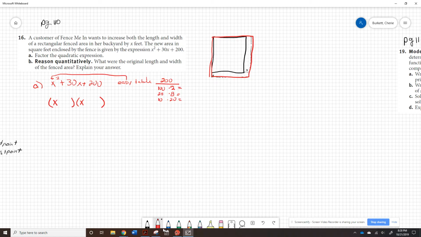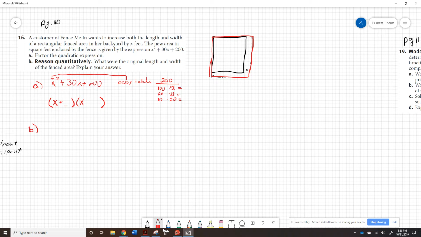So once you get it factored, part B wants to know what are the original length and width of the fence. So remember, the new length is going to be X plus whatever the old length was. And this one right here is going to be X plus whatever the old width was.